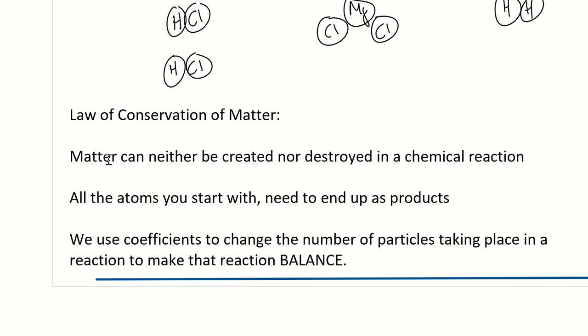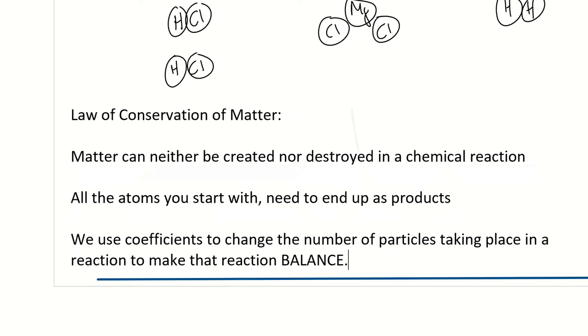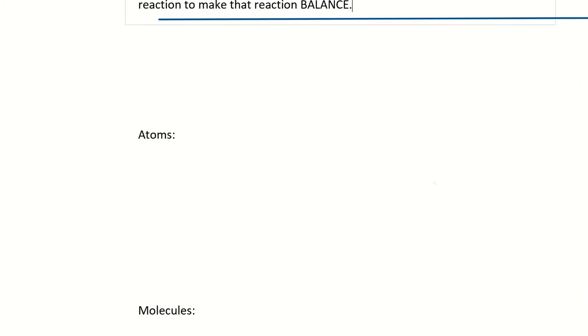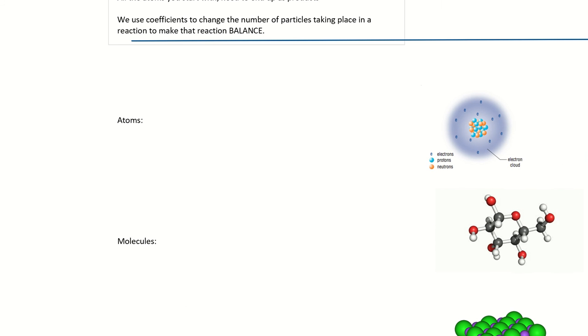That is to say, we can't change the subscripts. We can't change what the compounds are, but we can change the coefficients to make these things balanced. A couple of quick terms. Atoms, these are the basic building blocks of matter.